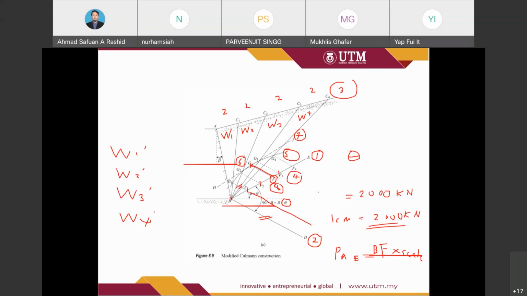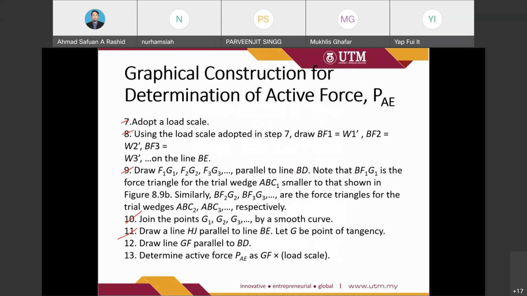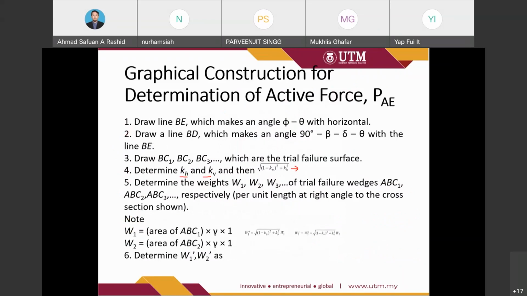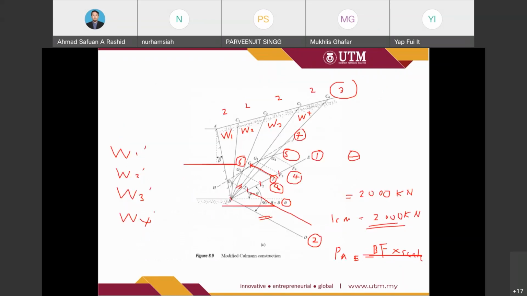Sorry, Doctor. For the PAE, does it equal BF times the load scale or GF line times the load scale? Because the notes you wrote here say GF. Oh, okay. Determine the force as GF times load scale.